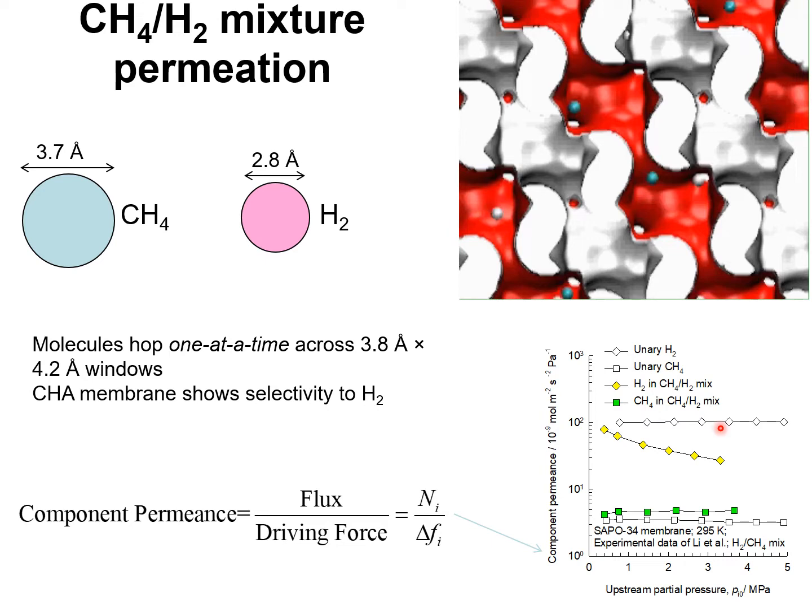But taken as a whole, the diffusion selectivity that favors hydrogen overrides the adsorption selectivity favoring methane, and the mixture permeation is in favor of hydrogen.